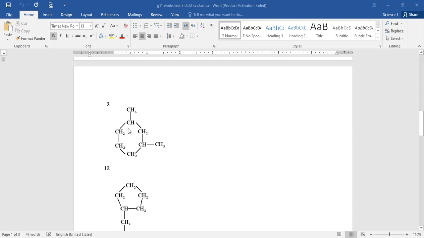Number 9. Here we have 1, 2, 3, 4. As we can see here, it's a cyclohexane. So the basic ring is cyclohexane, and in this case we have a branch in carbon number 1 and carbon number 3. So we are going to name it 1 and 3.